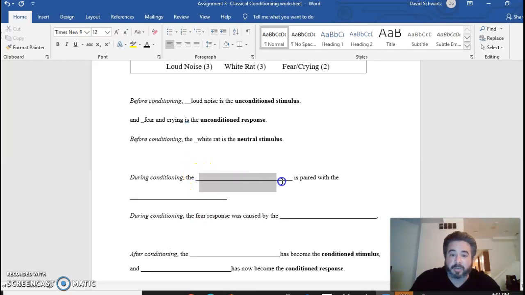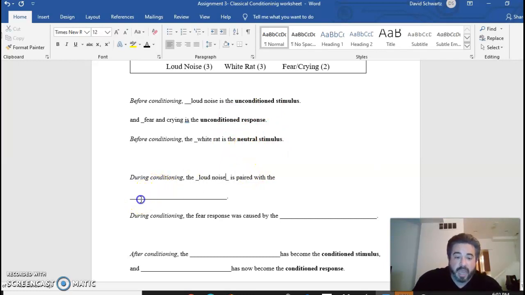During conditioning, remember, the unconditioned stimulus is paired with the neutral stimulus, meaning the loud noise is paired with the white rat. But during conditioning, the fear response is still unconditioned. It hasn't yet been learned. It's still natural.